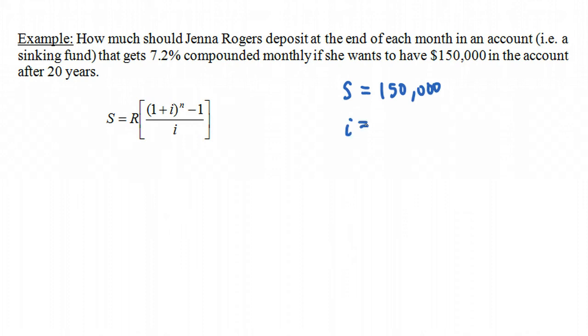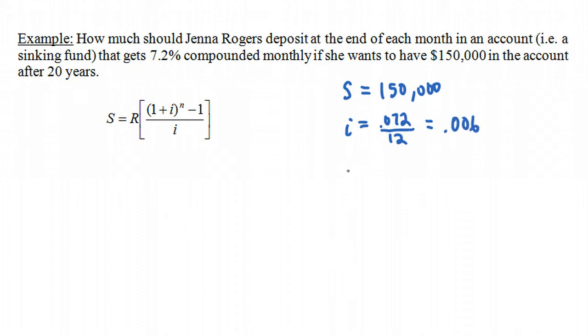The I, the interest rate, is 0.072, divided by 12, because it's compounded monthly, and she's putting money in this account at the end of each month. 0.072 divided by 12 is 0.006.